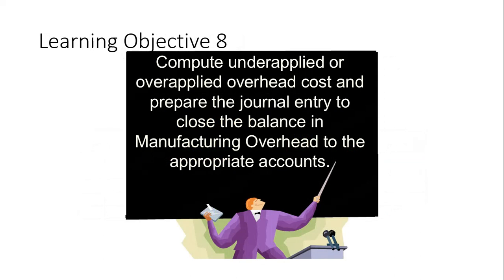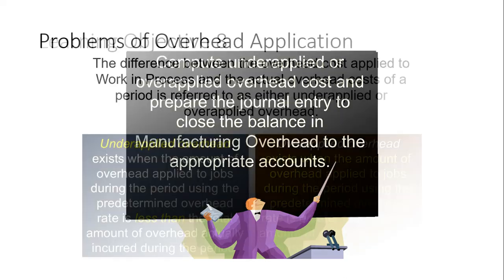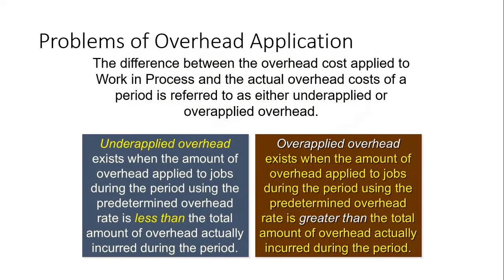So that's all. Then after that you need to calculate whether you have underapplied or overapplied overhead. So how to determine over or under applied? Same as before, you need to compare between the budgeted overhead and the actual overhead. This is the same knowledge as in chapter 5.